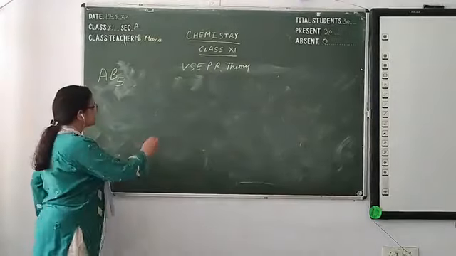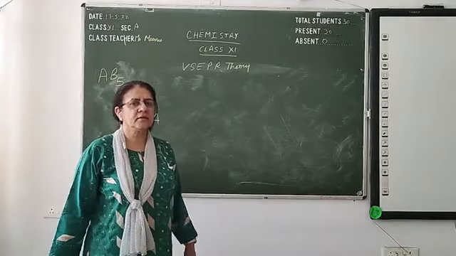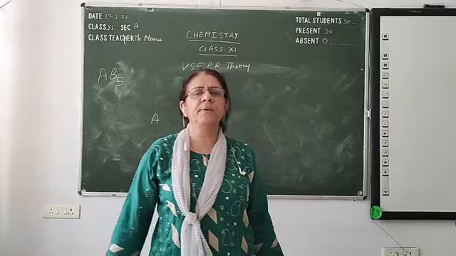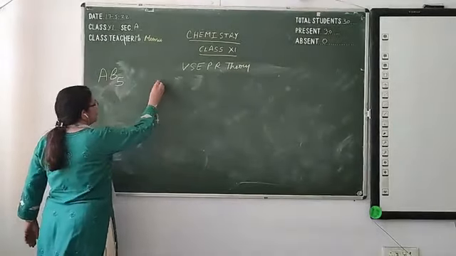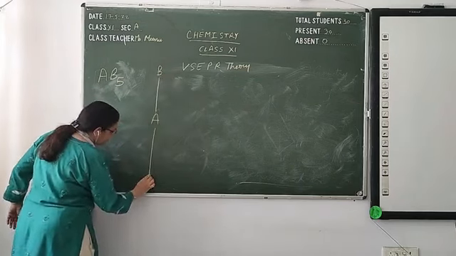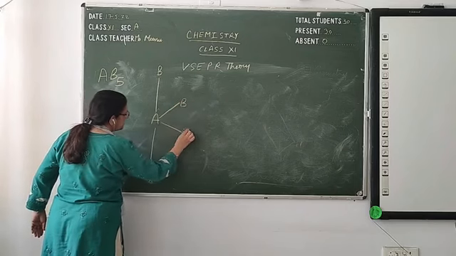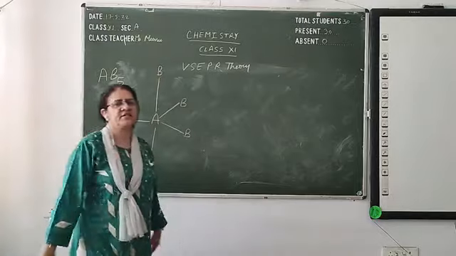The central atom is A, and other atoms around A, they are 5 in number, and it is AB5. So we have B, B, B, B and B. Very interesting.